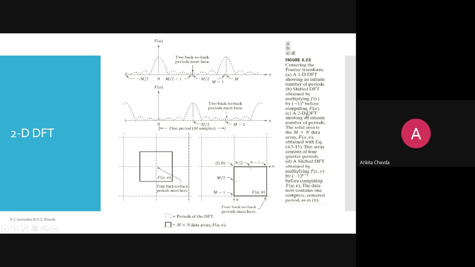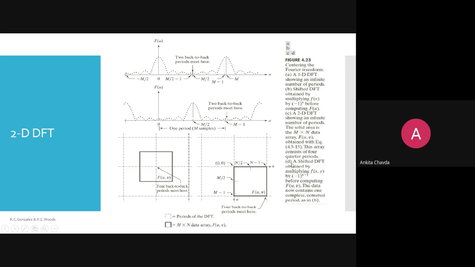Then figure C shows the 2D DFT, showing an infinite number of periods. The solid area is your M cross N data array, and these are the periods of the DFT. This array consists of the four quarter periods.